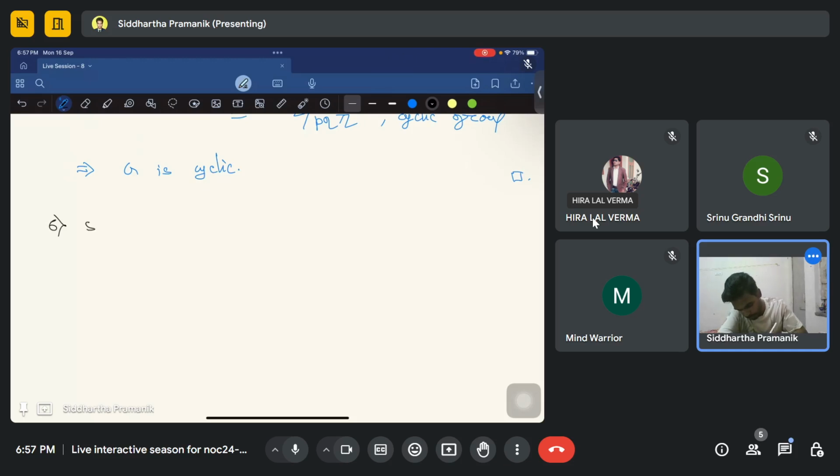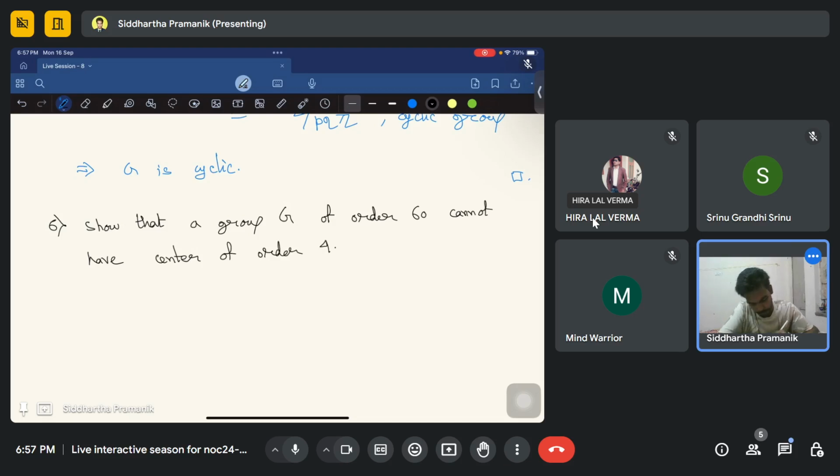So that a group G of order 60 cannot have center of order 4.